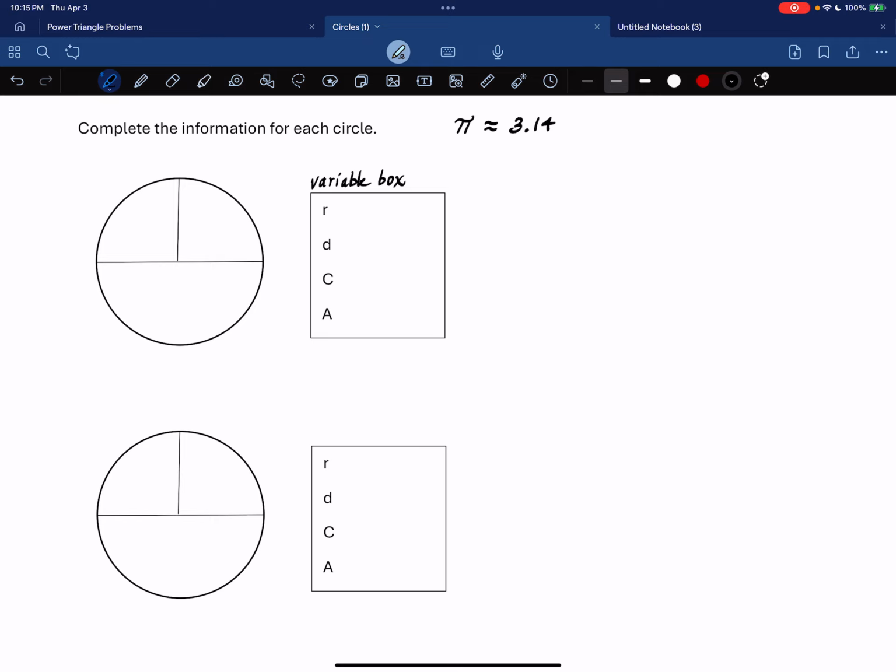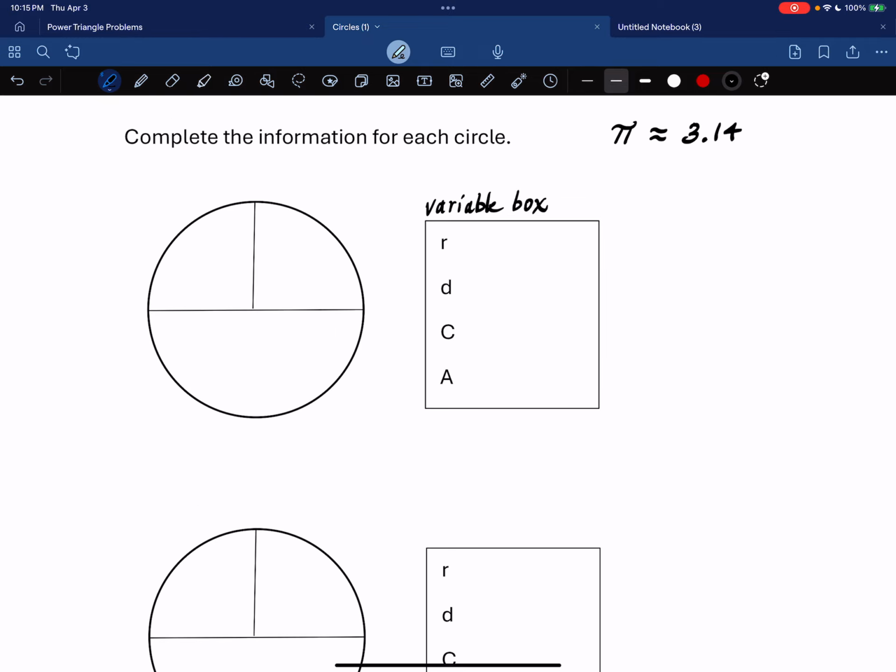So given this circle over here, I am going to tell you the radius for this circle, and I'll highlight it. Radius is this halfway line. It's halfway across the circle from the center to the arc. This is radius, and I'm going to say that this is 5.